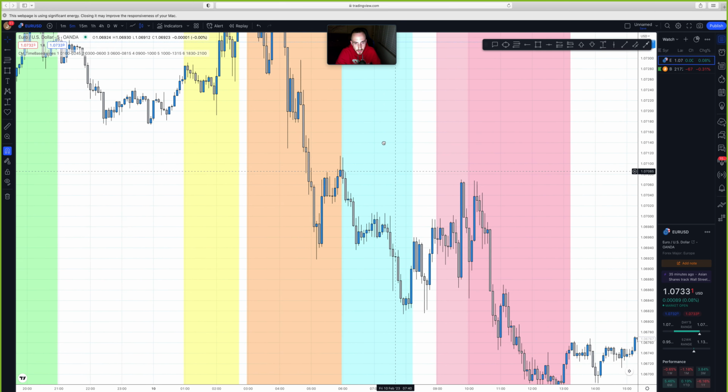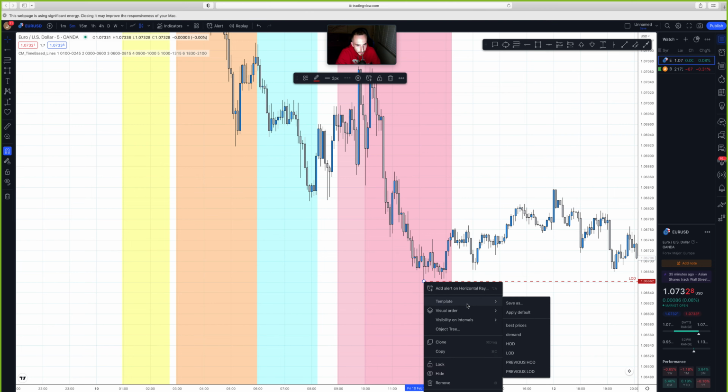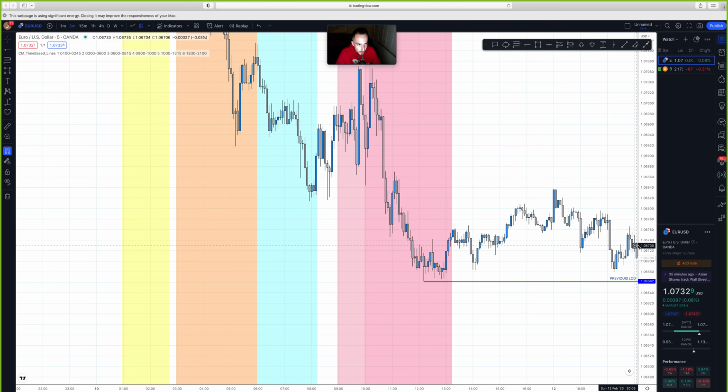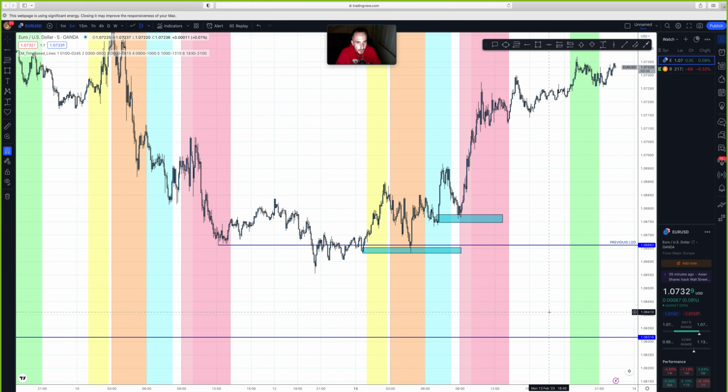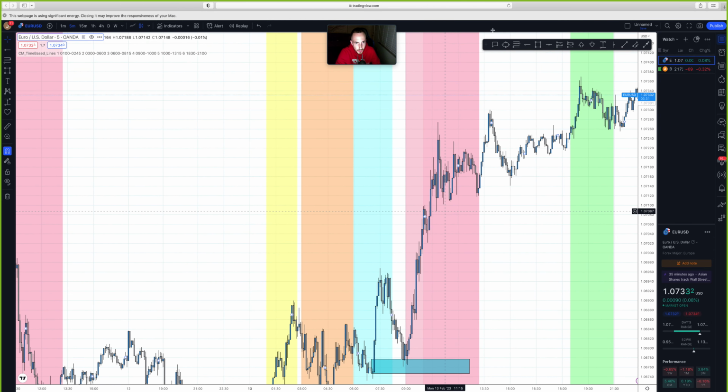And this low of day becomes the previous low of day right here. And then the high and low of day, if we're trading on Tuesday, is going to come from Monday. So again, it's going to be the highest and lowest points between the Frankfurt and New York sessions.